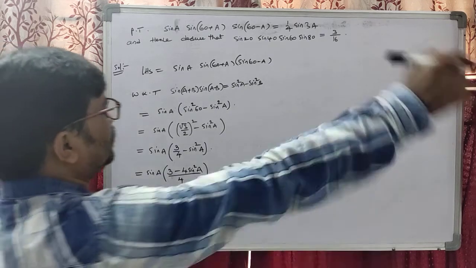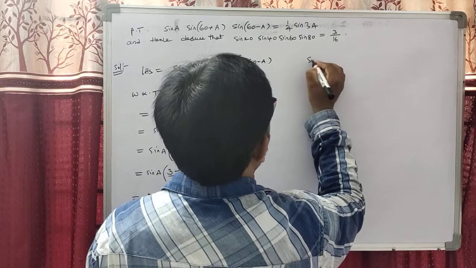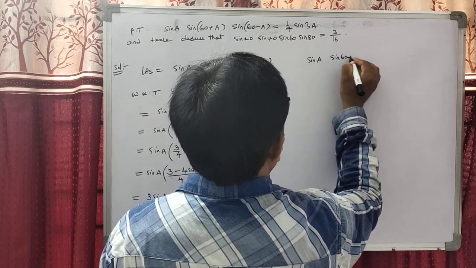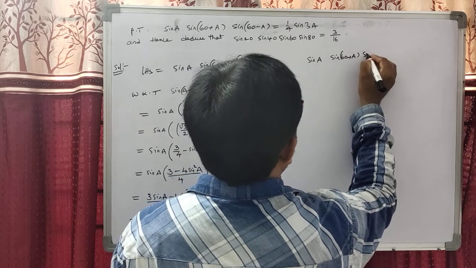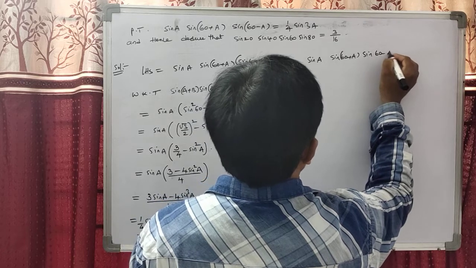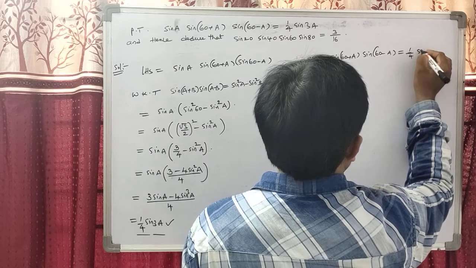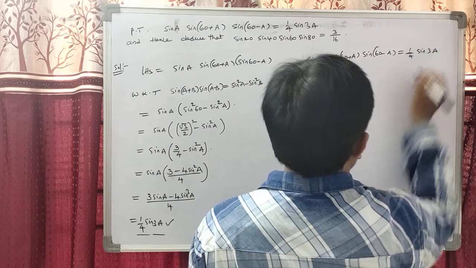So now students, sine A, sine of 60 plus A, sine of 60 minus A equals 1 by 4 sine 3A.